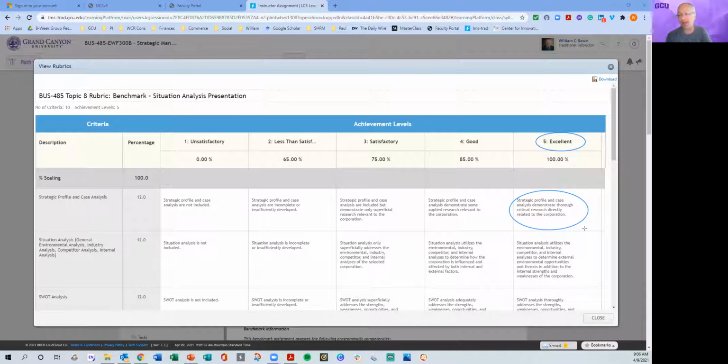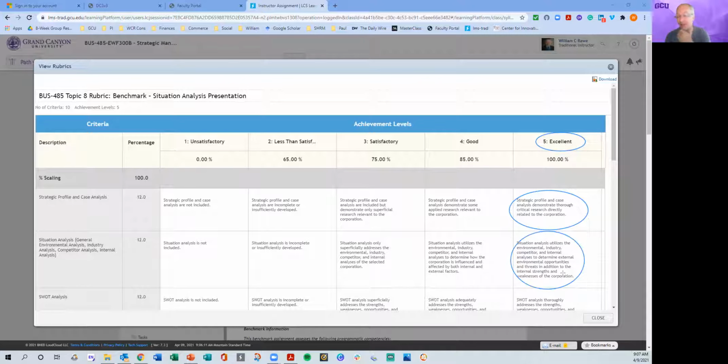Strategic profile and case analysis demonstrate thorough critical research directly related to the corporation. So this is both in your notes and in the PowerPoint presentation itself. Both need to show thorough analysis. It needs to show that you've done critical thinking about the profile, the case analysis. Then we get to the situation analysis.